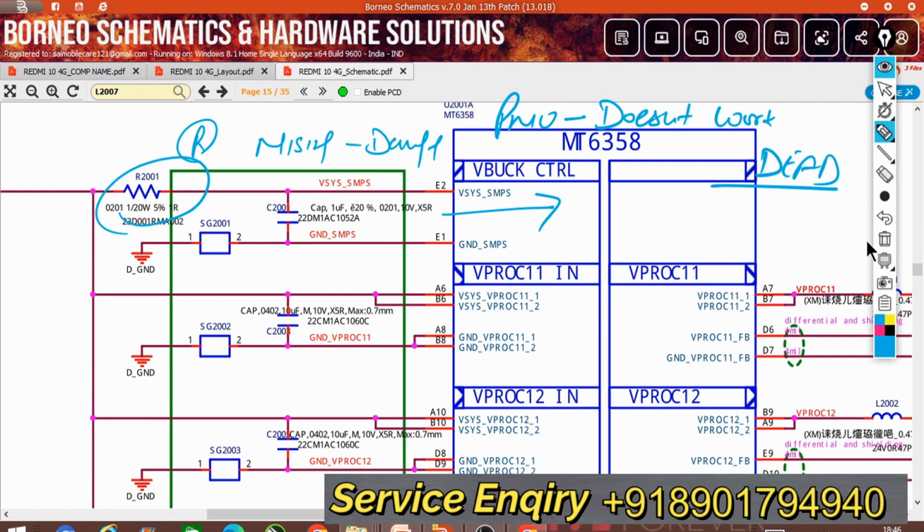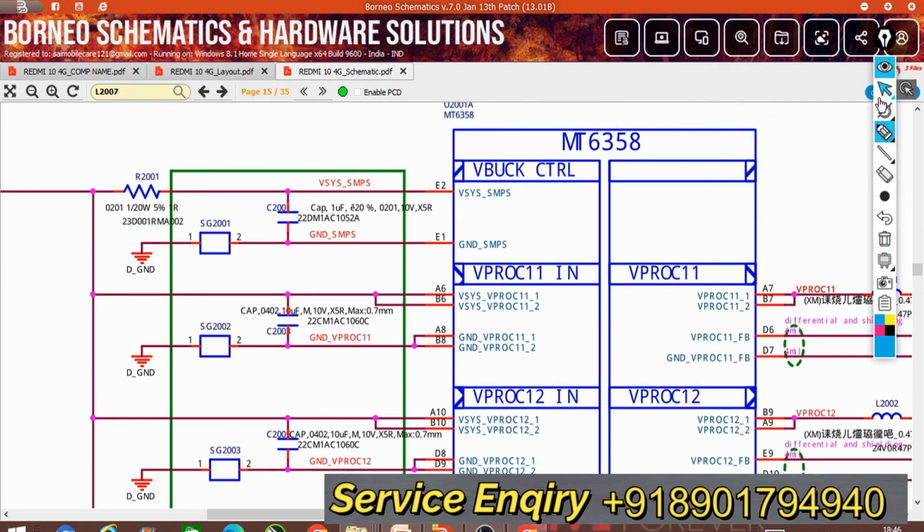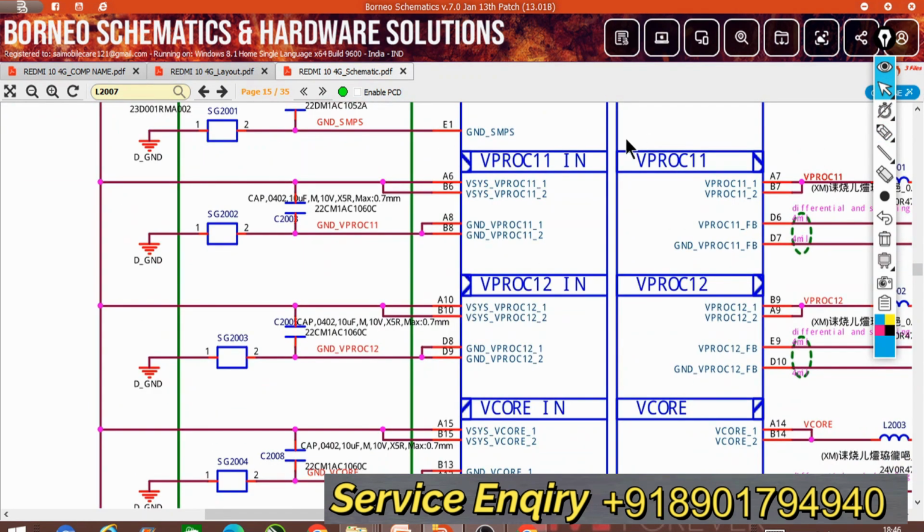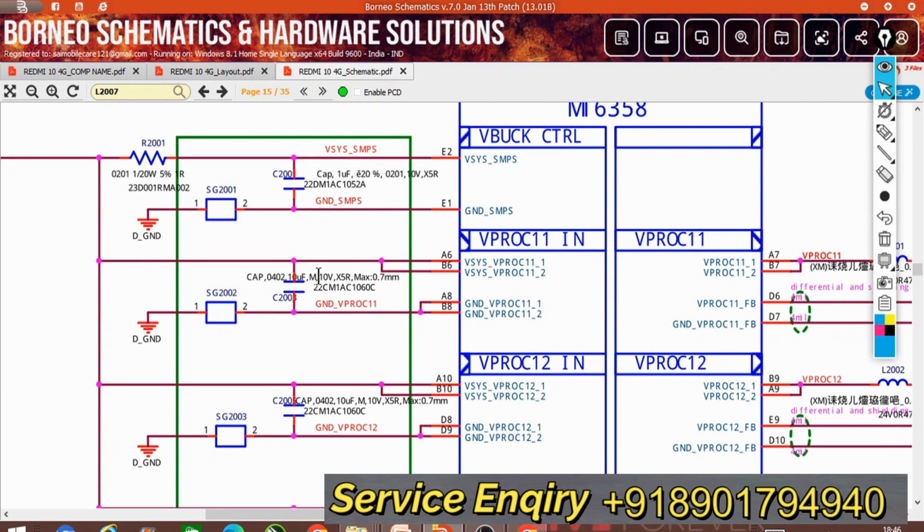Now next, after this, as I told you, there is one input power for the buck lines, like 9 bucks for 9 inputs. So your VPROC input, a V system line, comes here with this capacitor, pin number A6 B6.